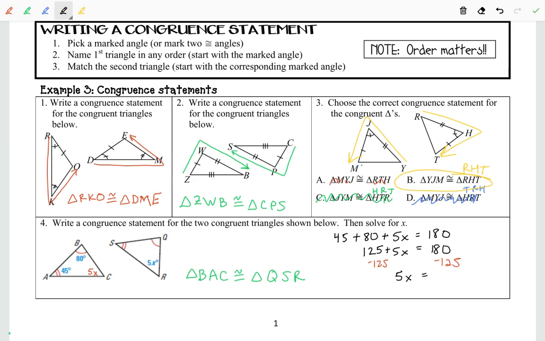So 180 minus 125 is 55. Divide both sides by 5 to get that x is equal to 11.